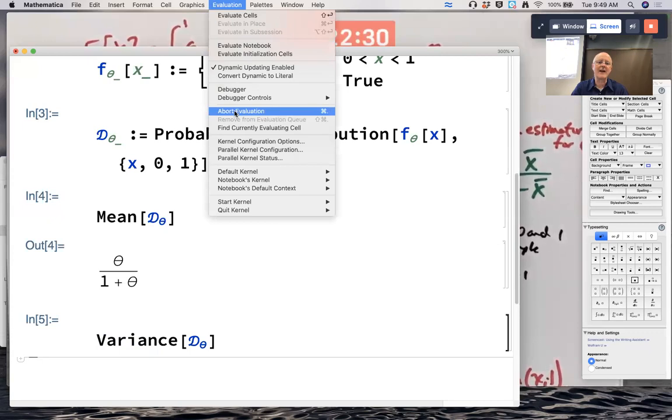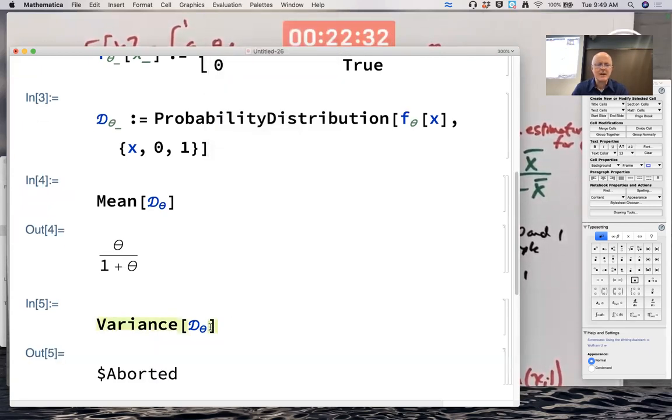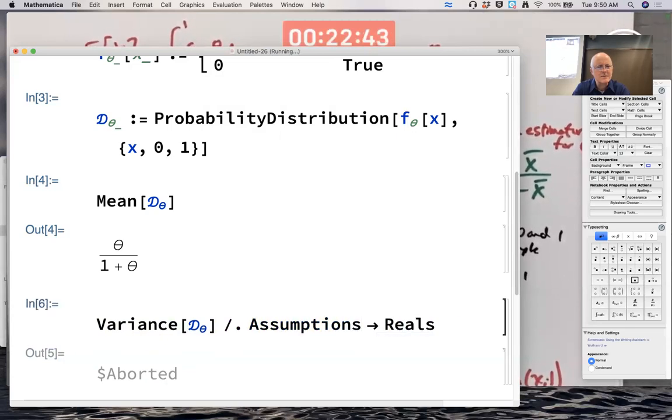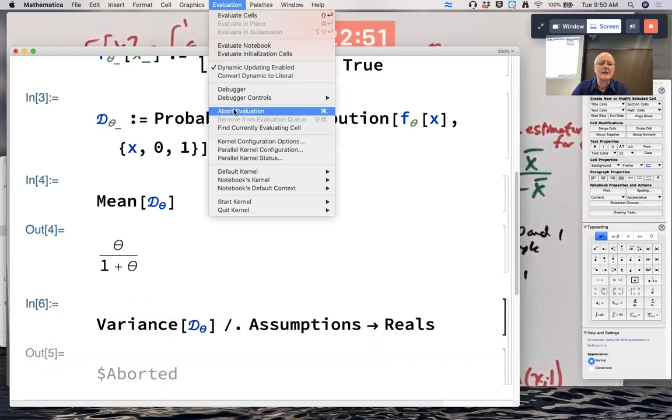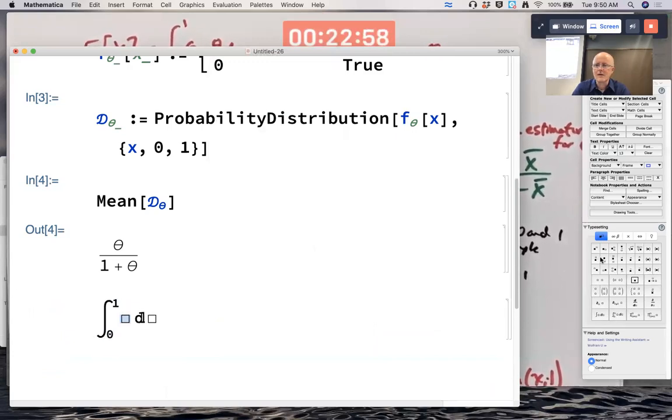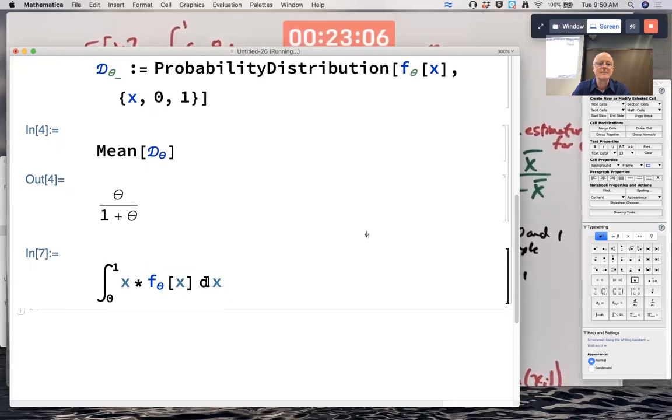All right, let's go ahead and abort that. I wonder, sometimes when you add something like this here, although I forget the syntax, Assumptions, reals perhaps, might make Mathematica assume theta is real, but it looks like that's still stalling. Okay, I'll go ahead and compute the variance with integrals. It can do it with integrals, although you will see it assumes theta is a complex number in this case.